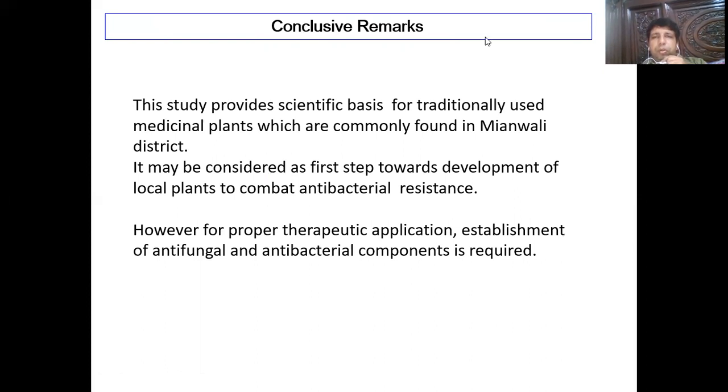If anyone wants to study it in vivo, then pharmacology and in vivo studies will help to establish antibacterial and antifungal agents in a better way. This can be considered as a pilot study.